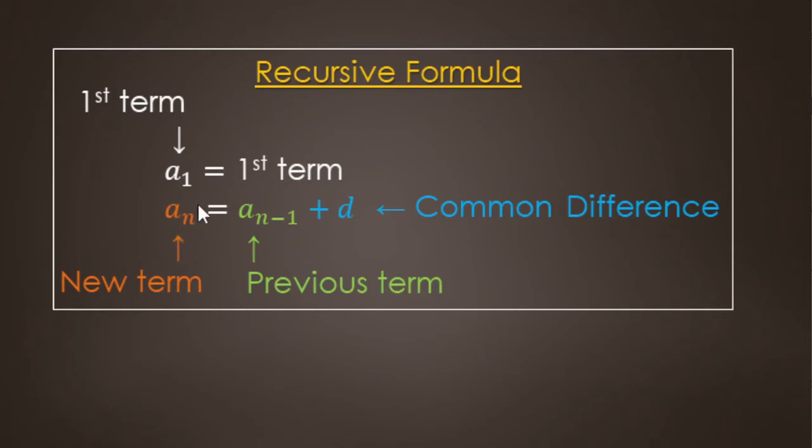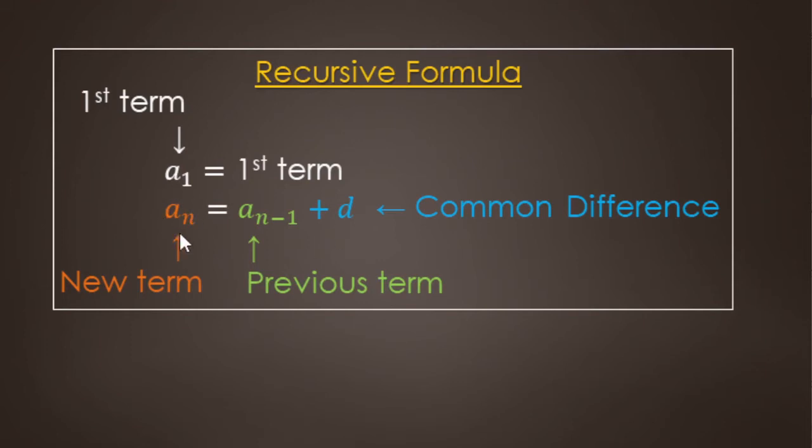And so what you do is, let's say you're trying to find the 10th one. Well, this is the previous term, so it's the n minus 1. So again, if you're trying to find the 10th one, this would be the 9th one. And what are you going to do to the 9th one? Well, you're going to add whatever the common difference is. So if you're going by 5s, that would be an add 5. If you're subtracting by 4, you would subtract 4.